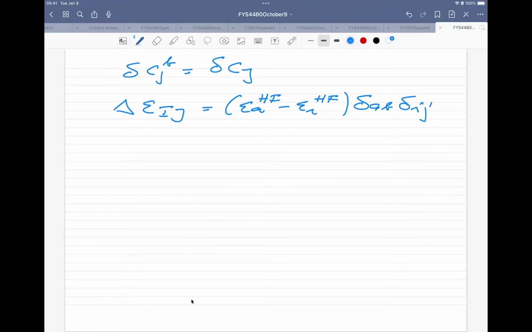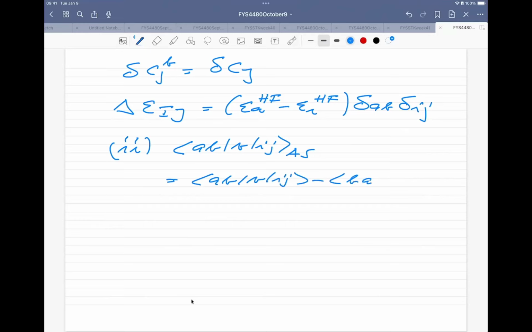Let's do some further definitions. So if I look at the second term, and in the third term, I'm going to have this integral, V_ij, and if we have it anti-symmetrized, let me just quickly remind you of what that looks like. <ij|V|ab> minus <ij|V|ba>.